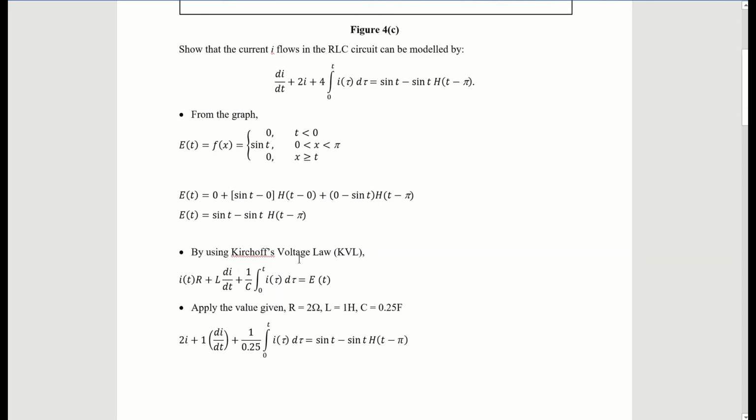By using KVL, Kirchhoff's voltage law, we get this equation. By substituting the known variables, we get this equation, and when we simplify, we get this equation. So we can prove that the current flows in the RLC circuit can be modeled by this equation.